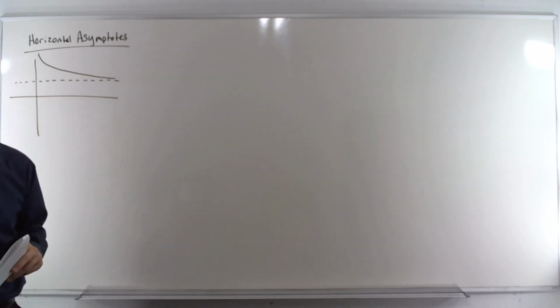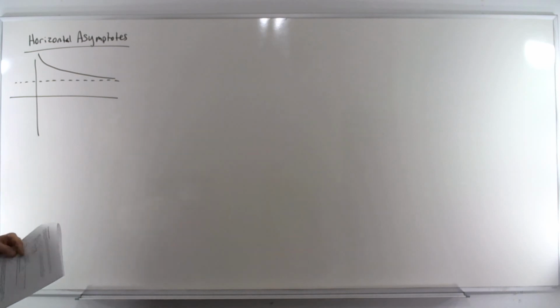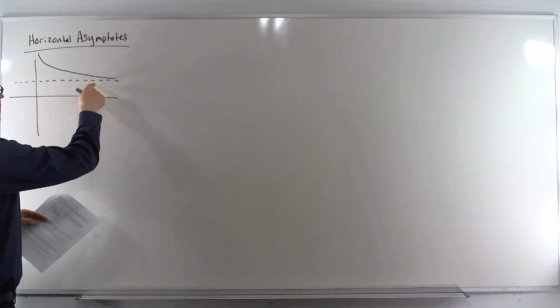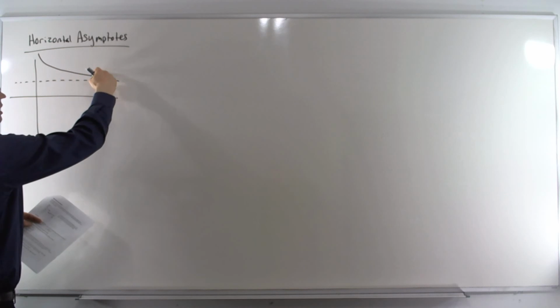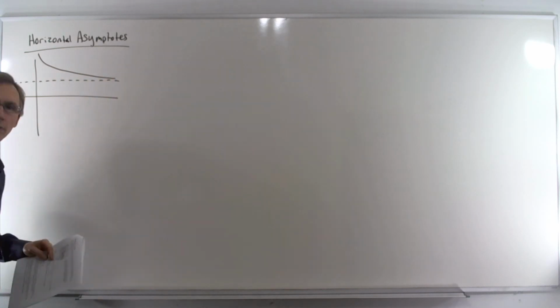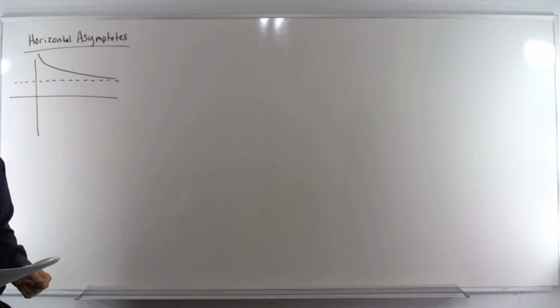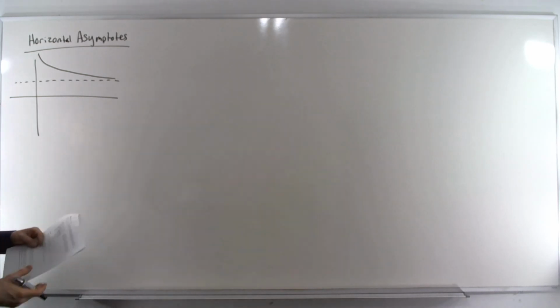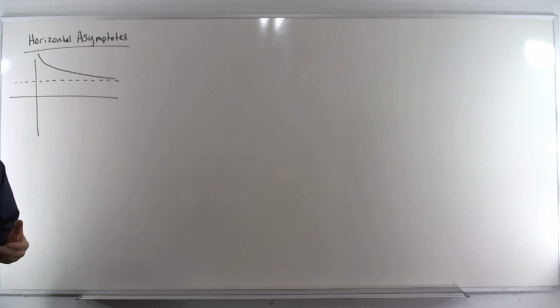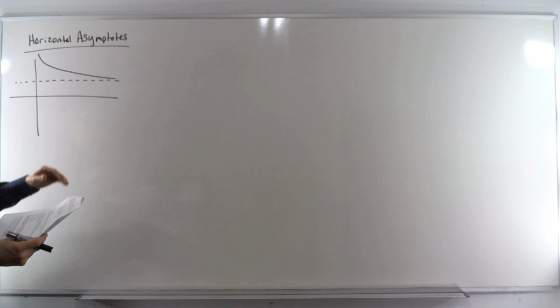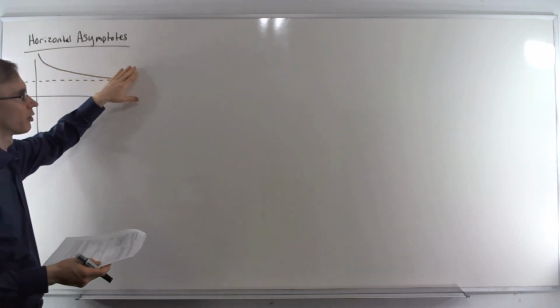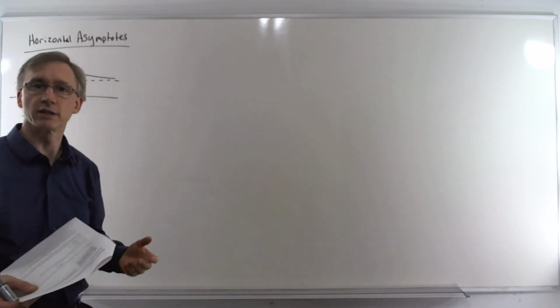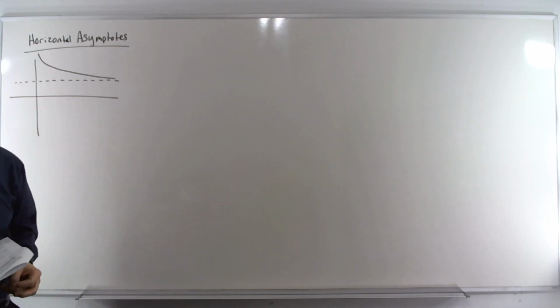And this is called having a horizontal asymptote. An asymptote is a horizontal line that our graph will approach and get closer and closer to, but never touch. Now, in order to find the equation for the horizontal asymptote, we're going to take our formula for the graph and plug in larger and larger values to see where this goes as we go way out to the right on the graph. And that'll give us a clue as to what the horizontal asymptote is.